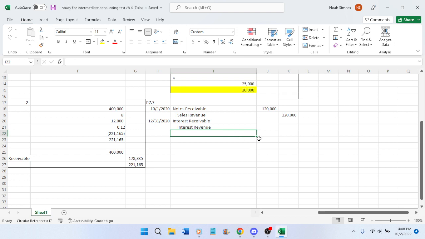So what amount of interest is owed? Well, the months of October, November, and December. So 3 months of interest is owed. So how do you get to the 3 months of interest?